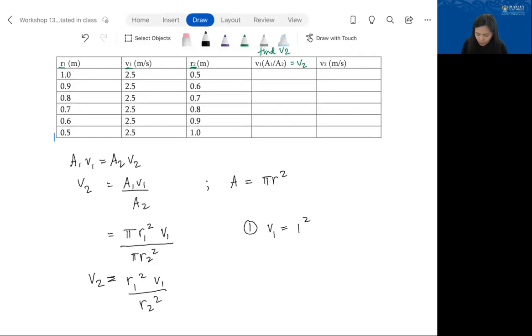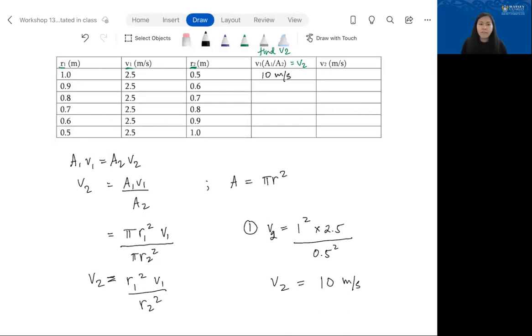So R1 is 1. Don't forget there's a square. V1 is 2.5, divided by R2 is 0.5. Don't forget there's a square. Oh, sorry, that's V2. So V2 in that case will be 10 meters per second.